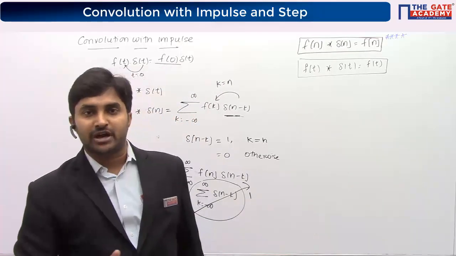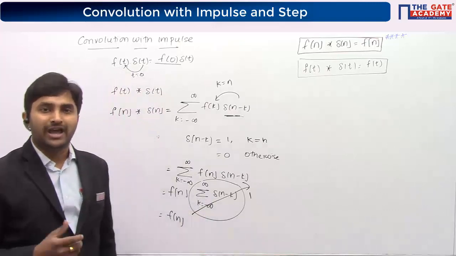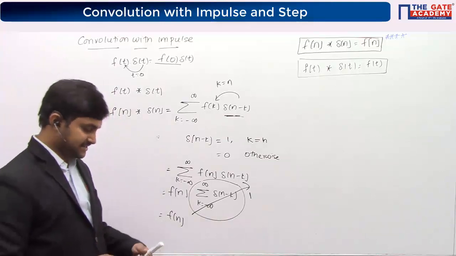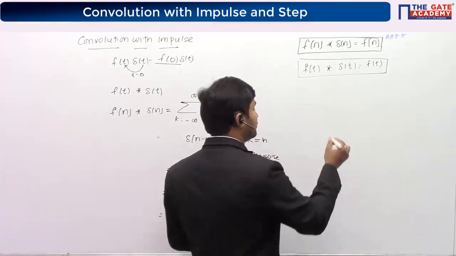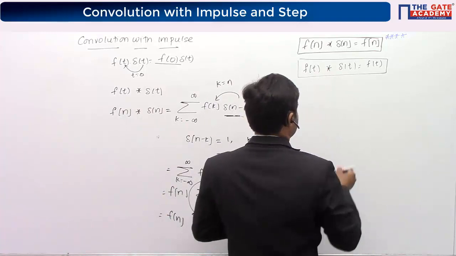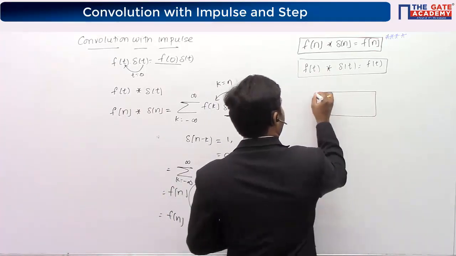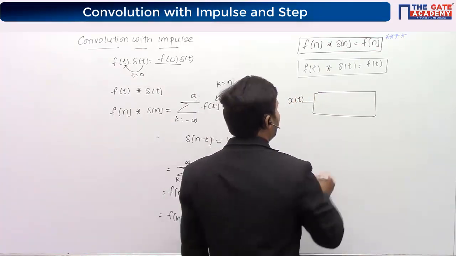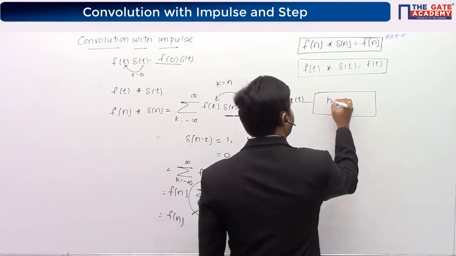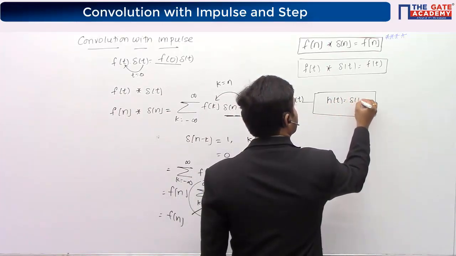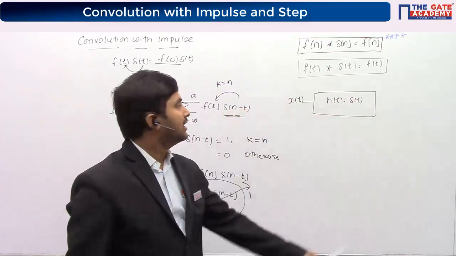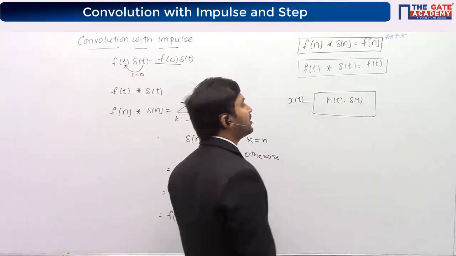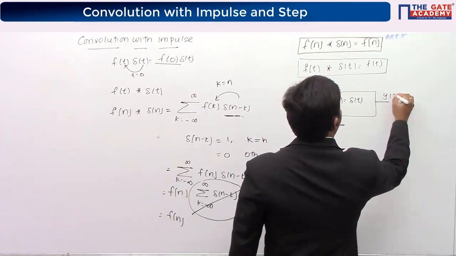So it becomes f of 0 multiplied by del of t. Rather, when you are trying to convolve with del of t, then the result is nothing but the signal itself. So let us understand what is the meaning of this. If your input is x of t, and the impulse response is h of t, and the h of t here in this case is del of t, then what is the output?